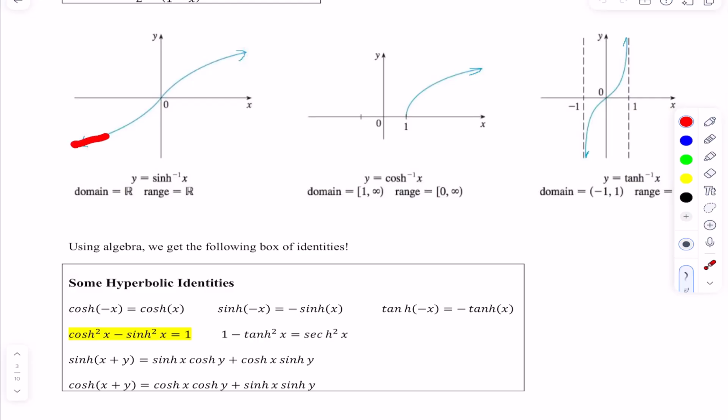Here are a few pictures of those inverse functions. Inverse hyperbolic sine is an odd function. Inverse hyperbolic tangent function is an odd function. Inverse hyperbolic cosine function is a very unique function with the domain starting at 1 and moving towards positive infinity.